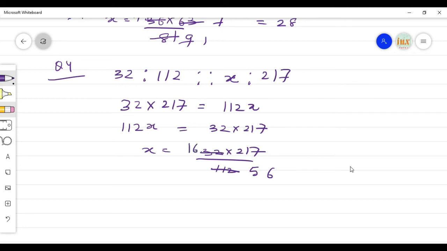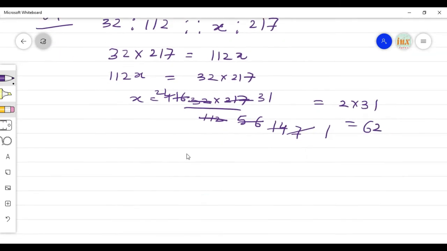So here again 4 4s are 16, 4 1s are 4, 4 4s are 16. So here 2 2s are 4, 2 7s are 14. So now 7 1s are 7, 7 3s are 21, 1. So we get 2 into 31. So the answer is 62.